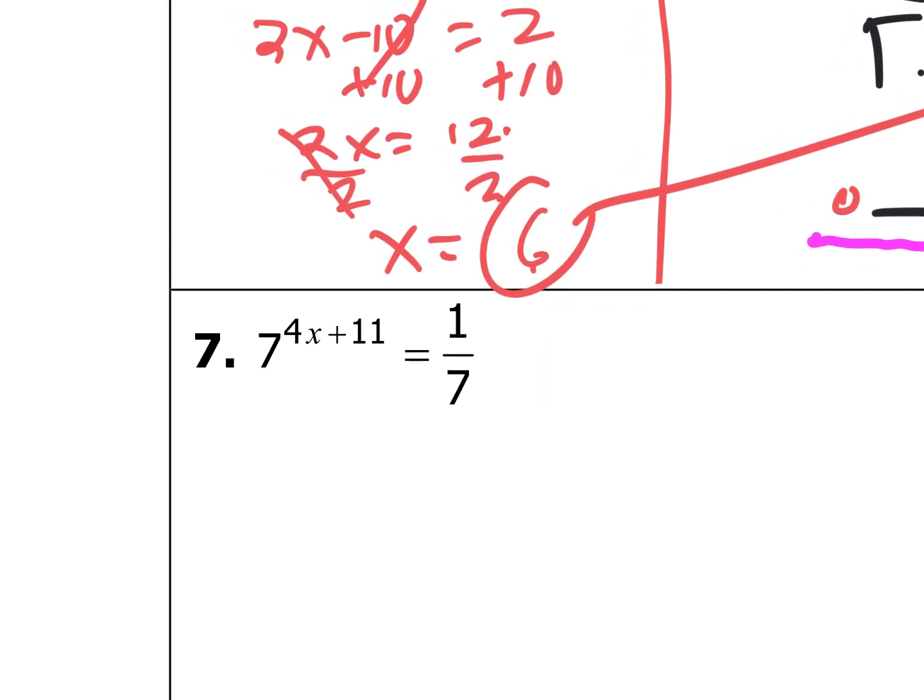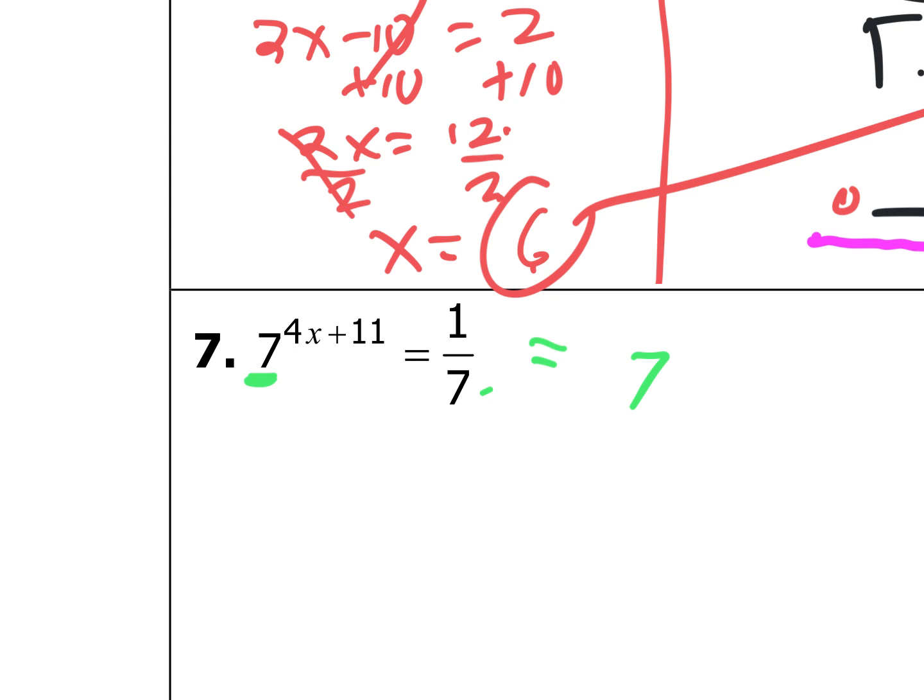Look at 7. What do you think the common base needs to be? If there's a 7 base over here, is there a way to make this into a 7 base? How would I make the 7 go upstairs? What power would I give it that would mean the same thing as 1 over 7?